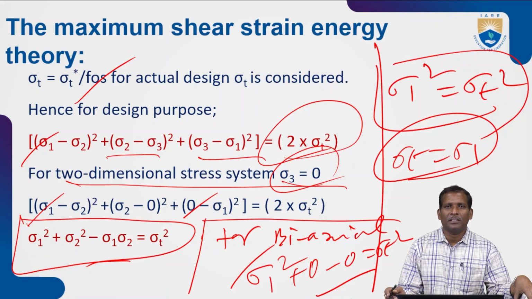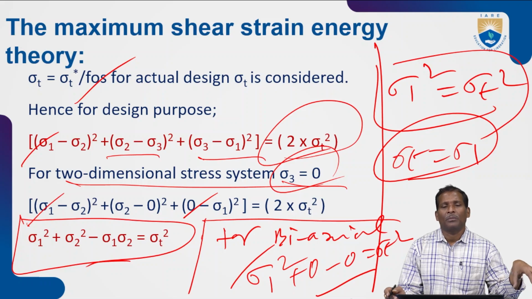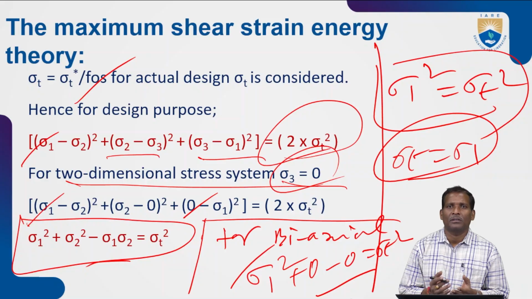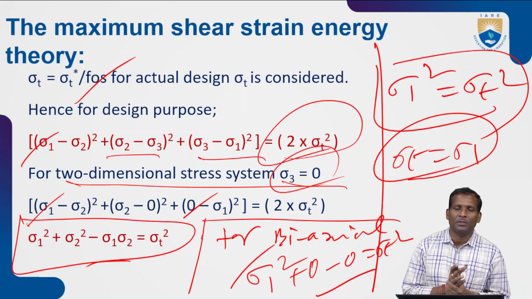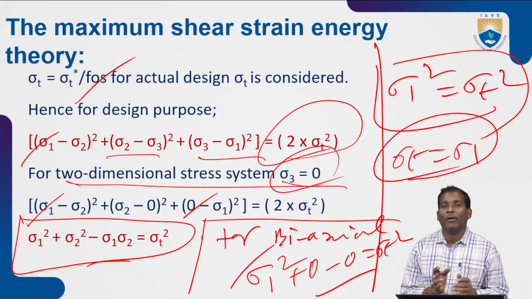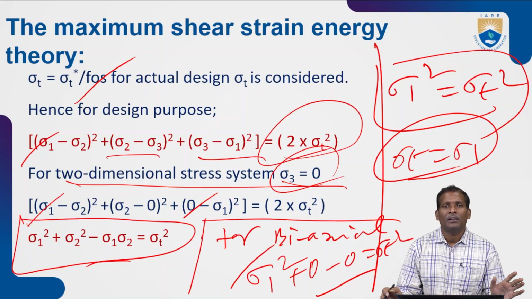The design engineer should remember these points, and according to the material selection and the loading, they should use these theories to avoid failures and for safe design. Then only the design will be in a safe condition. If you do not use proper theories and proper loading, then what will happen? Your component will fail due to bad loading and not using the relevant theory.